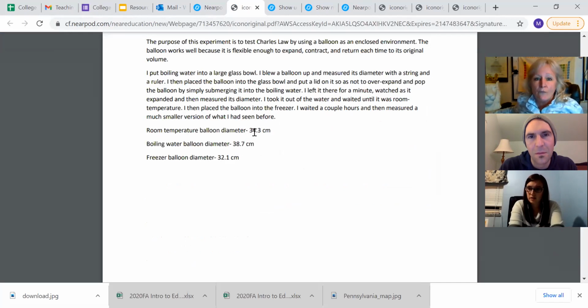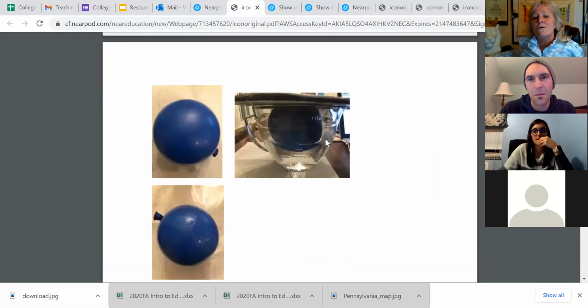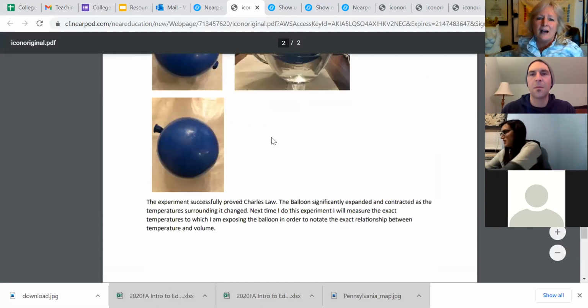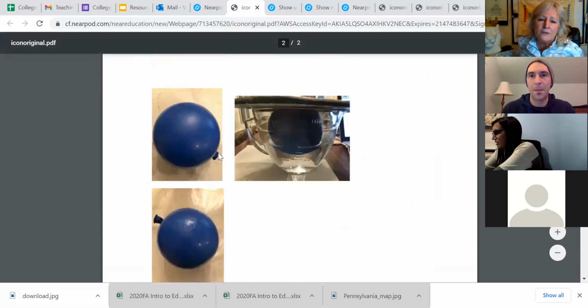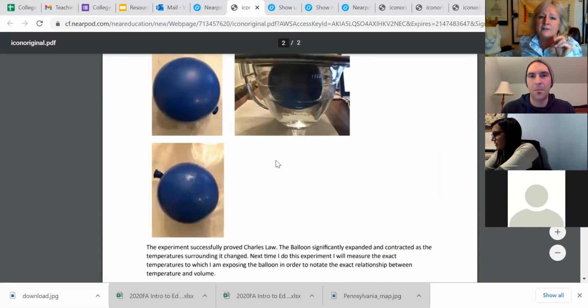I told them that they should arrange these from lowest temperature to highest. So freezer in the balloon, 32.1 centimeters, then room temperature, 34.3, then boiling water. So they're seeing that it goes up, but they're just using diameter to show that. So here are some of their photographs. This is a very rudimentary understanding.